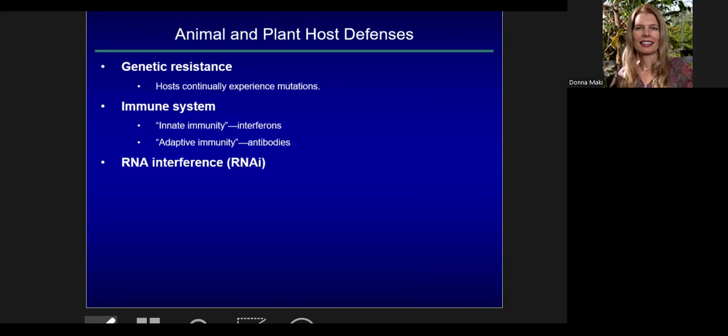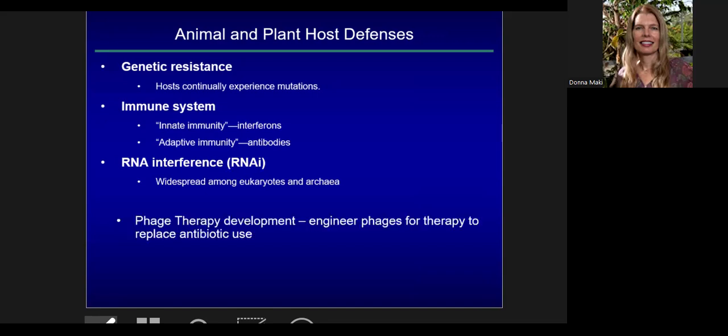And they've been looking more and more at this RNA interference idea that a lot of organisms have, even down into the archaea, where RNA interference basically means you destroy the viral RNA. So they're looking more at that. And on the upside, they're looking at using phages as therapy delivery systems.